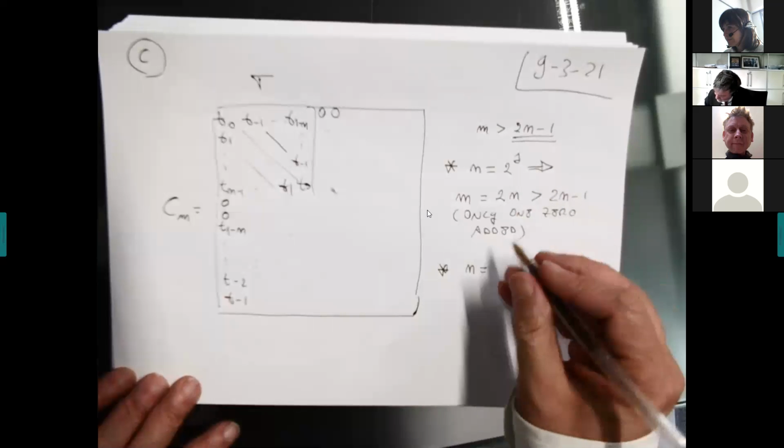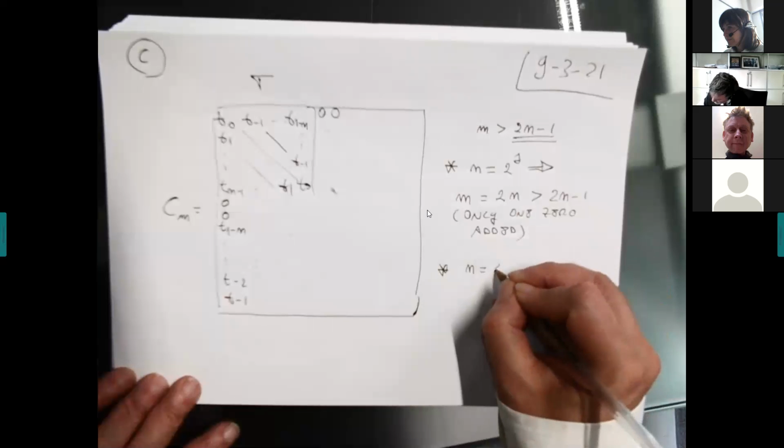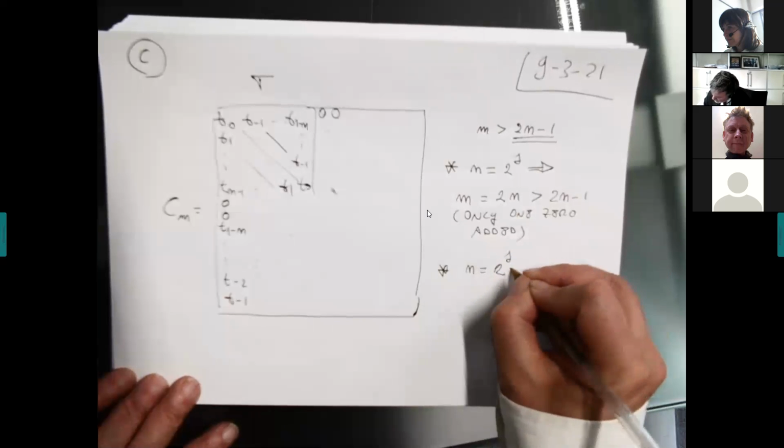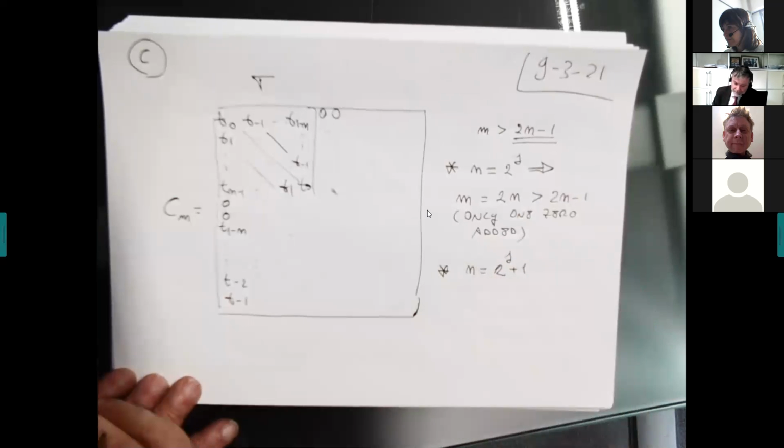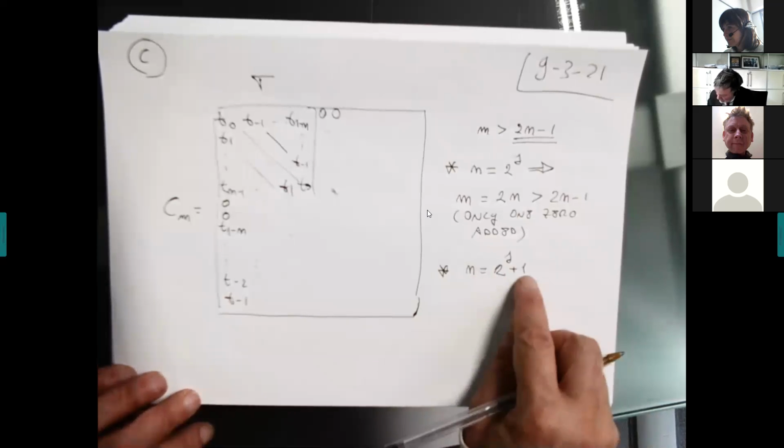The worst case is when n is 2 to the power s plus 1. Okay? So it's like when you have a discretization of a differential equation on a line and you choose 1025 points instead of 1024. Then this creates a problem.